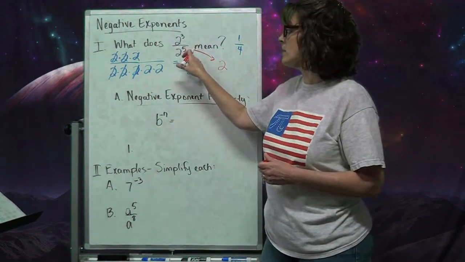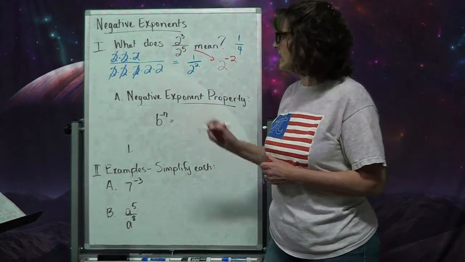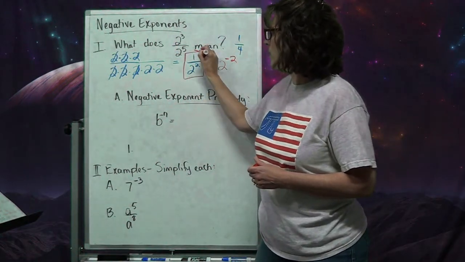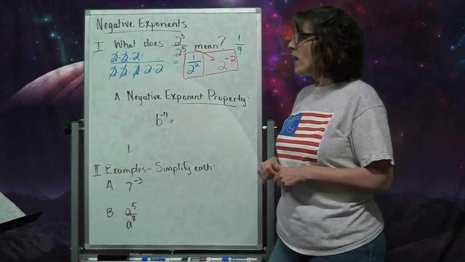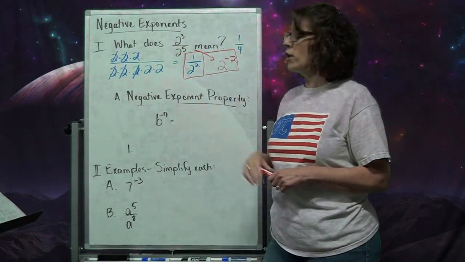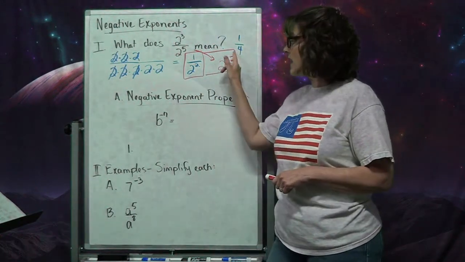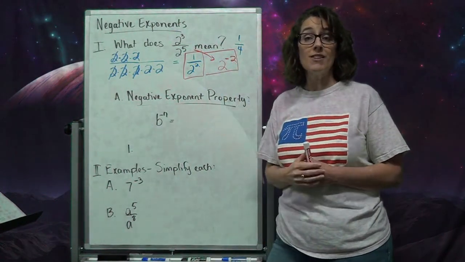And that would give us a 3 minus 5, and 3 minus 5 would give us a negative 2. So I'm looking now at saying, well, how would I compare this to this? How can I convert a 2 to the negative 2 into a 1/2 squared? In other words, if I come up with a negative exponent, how would I convert that into a positive exponent?